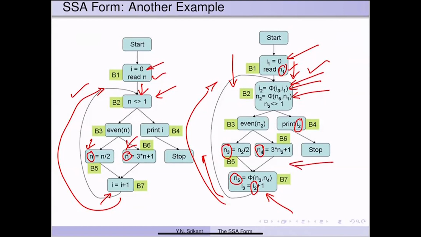We have N3, we have N4, and which of these is relevant actually depends on the edge which is taken at runtime. So because of that, we require one more phi operation which chooses either N3 or N4 based on the control flow. And that value is assigned to N5, and that is used for further operations.